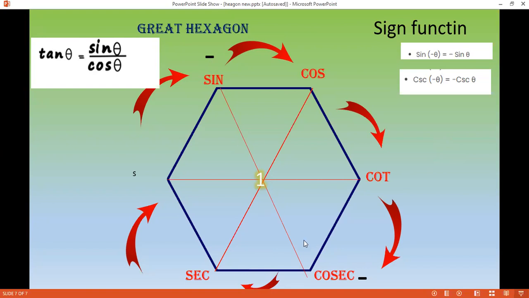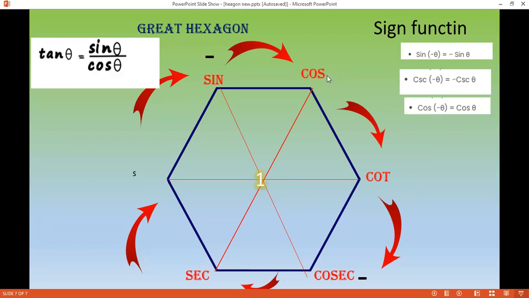All diagonal elements have the same sign. So sine of minus theta is minus sine theta, and cosecant of minus theta is equal to minus cosecant theta. Yes, very good.